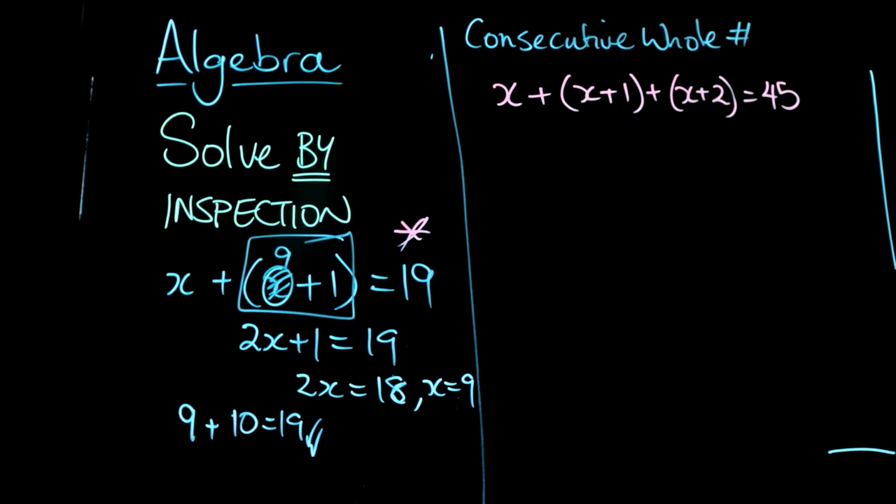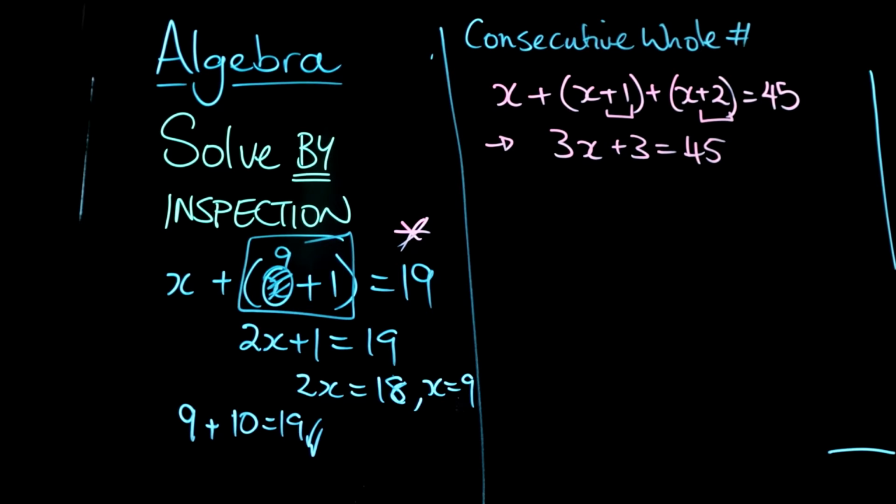Hopefully I haven't run out of room on the board there. What does that mean? We've got 3 values of x, and perhaps we could do it like this. If we're thinking about our algebra, we've got 3x plus 1 here, plus another 2 here, so I'm going to write it as this is equal to 45. So it could be a guessing game.